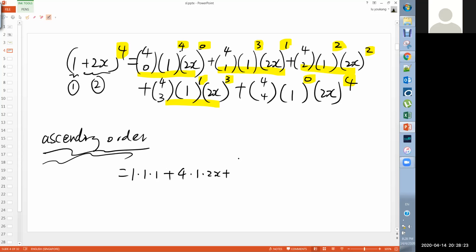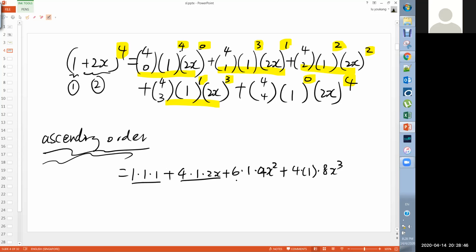Continue. 4 choose 2 is 6. 6 times 1 times 2, 4x squared. One more. 4 choose 3 is 4. Nice. 8x cubed. They want first 4 terms, right?